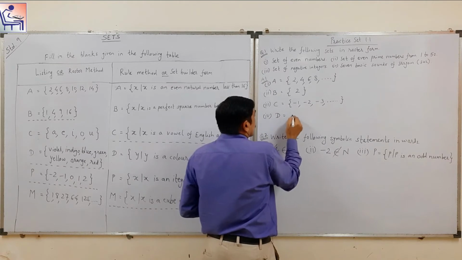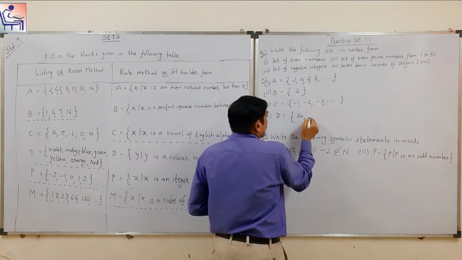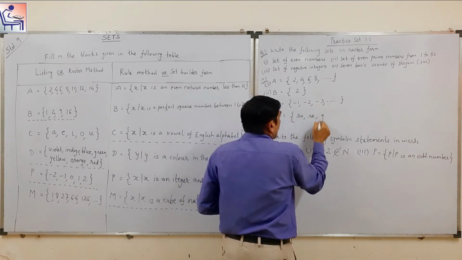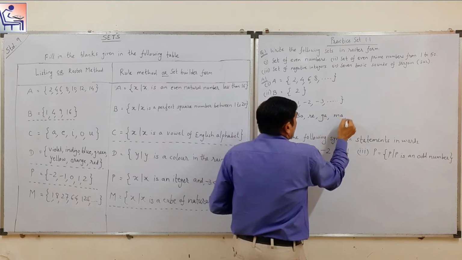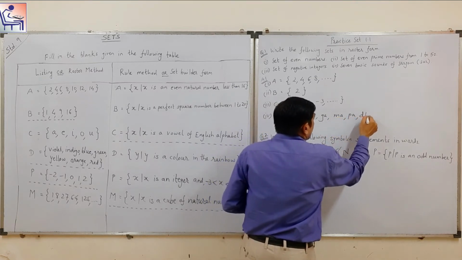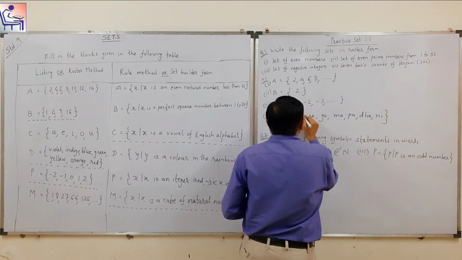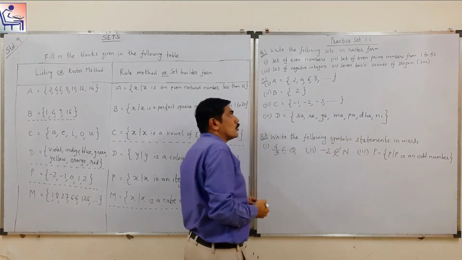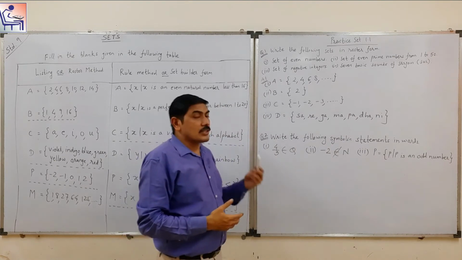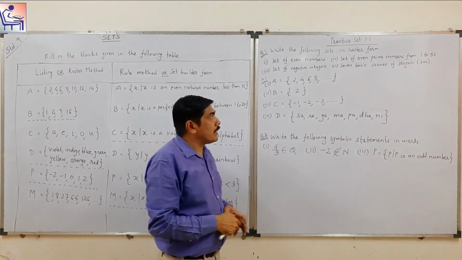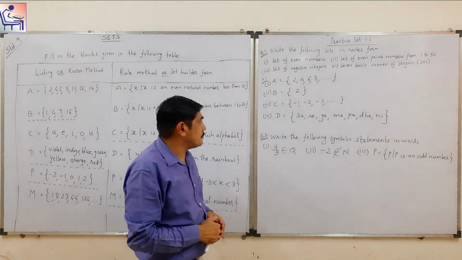Here I will write Sa, Re, Ga, Ma, Pa, Dha, Ni. Okay, so we have written all these 7 sur of sargam. That is 7 basic sounds of sargam.